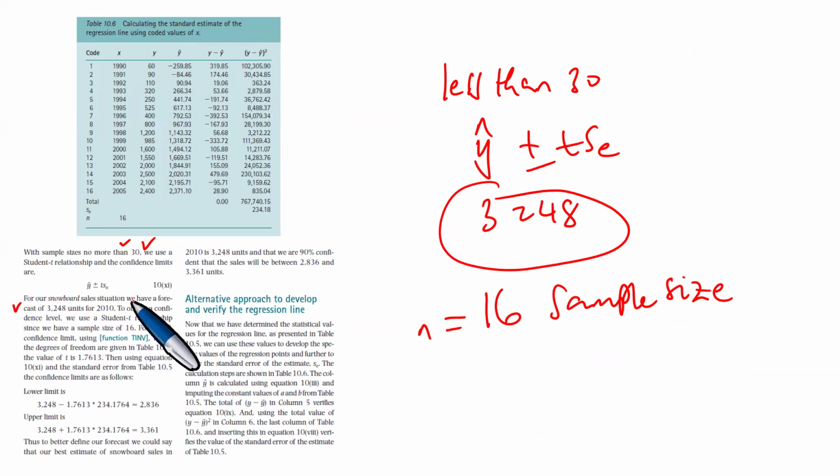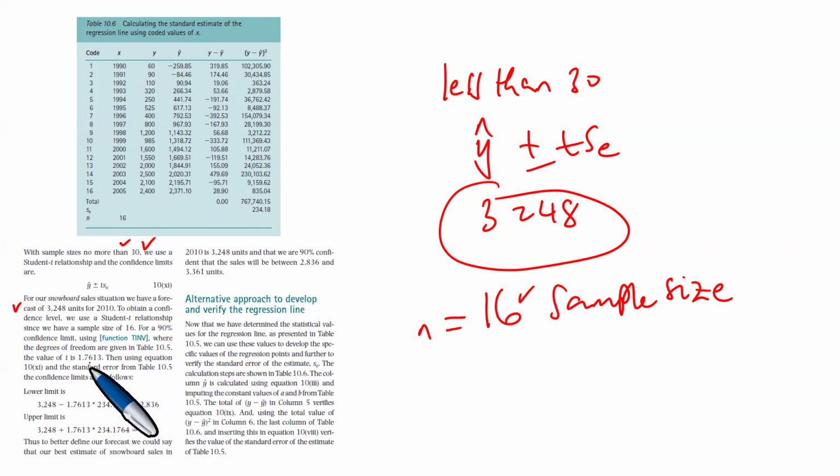For the snowboard sales situation, we have the forecast for 2010. To obtain the confidence level, we use the Student t relationship, since we have a sample size of 16.